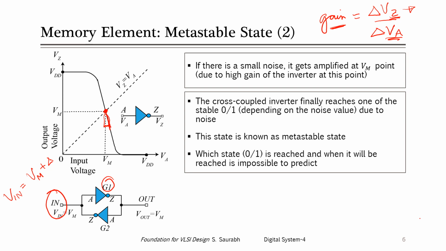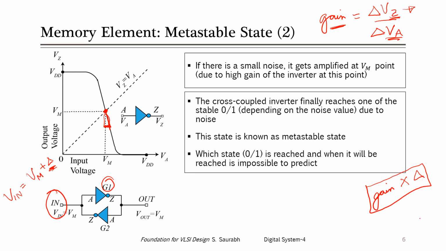So if we make a small increase in voltage, the output voltage will decrease from Vm, and how much will it decrease? It will be gain multiplied by delta. That delta is the voltage that we have assumed, the noise voltage by which the voltage moved from the Vm state at the input of the cross coupled inverter.